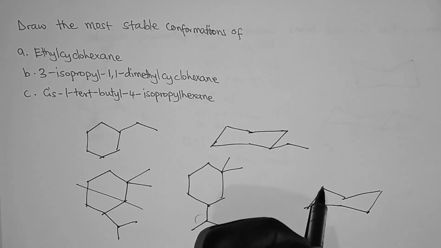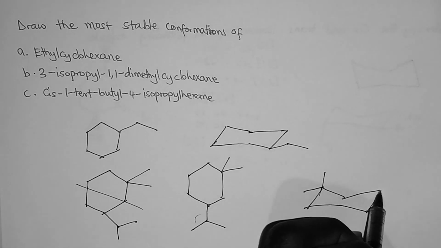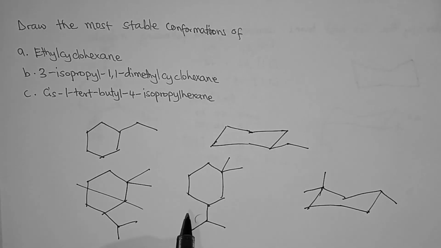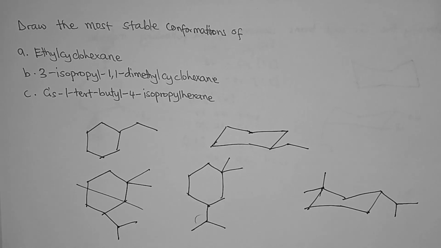So that means that of the 1,1-dimethyl, one will be in the equatorial position and the other will be in the axial position. And then the isopropyl group will be in the equatorial position on carbon number 3. So this is 1, 2, 3. So this is the most stable conformer.